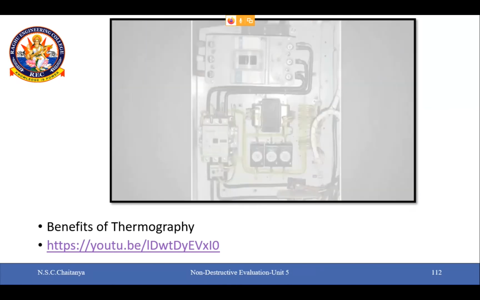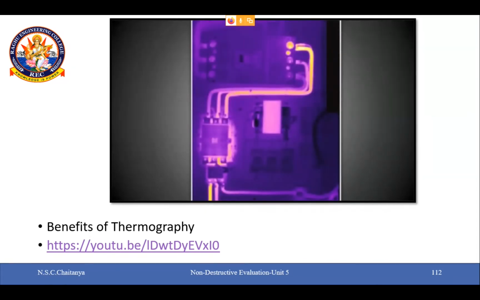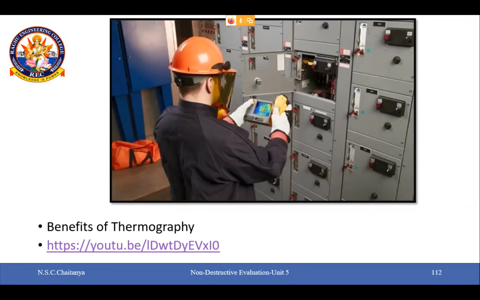But instead of seeing a visible light image of the object, like you would with a normal camera, you see a black and white or color image of the infrared energy or heat being radiated from an object. This infrared image shows areas that are too hot or too cold, which helps you pinpoint problems and make repairs before something goes wrong. Here's an example.